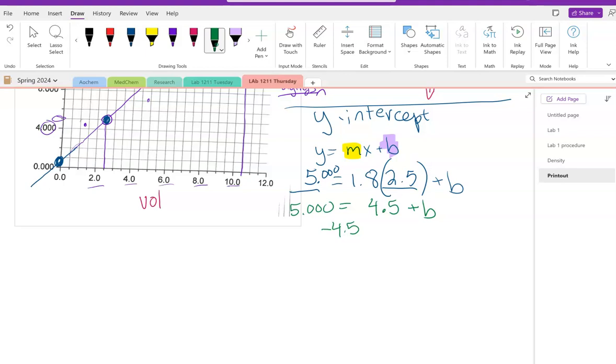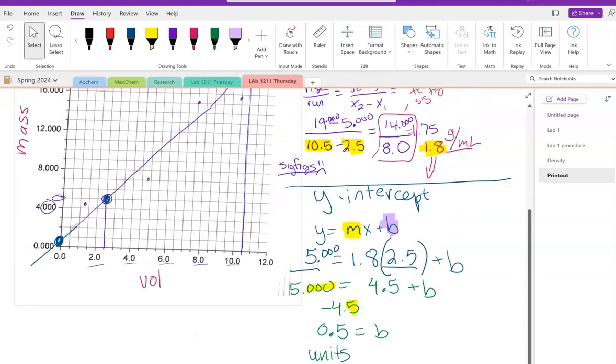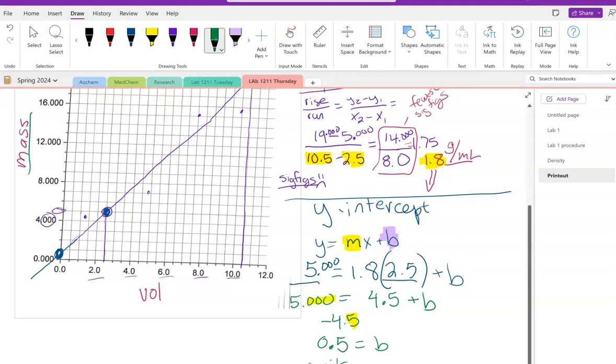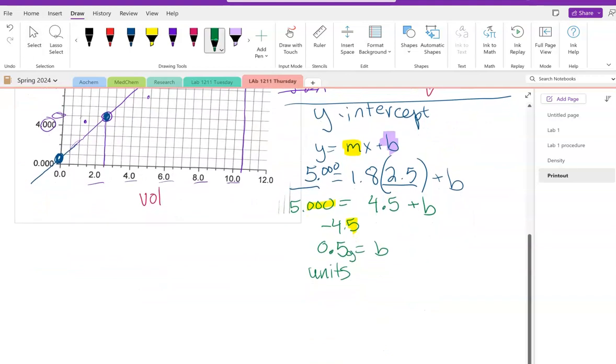Which I don't even know I did that in the calculator. 0.5. And remember, we're subtracting, so the lowest number of decimals is your answer. So our answer should just be 0.5. That equals b. Again, we need units. Don't forget your units. What are the units on your y-axis? Mass. So we're in grams.